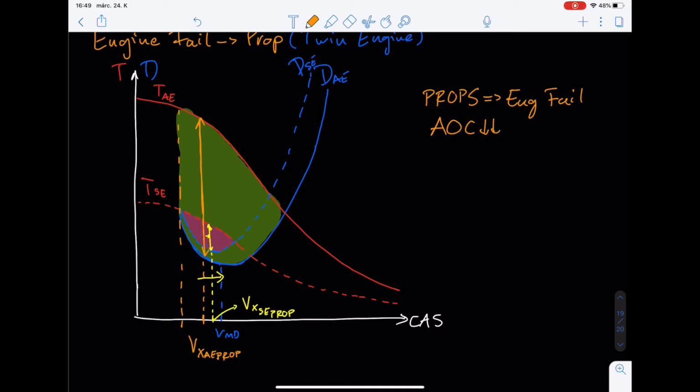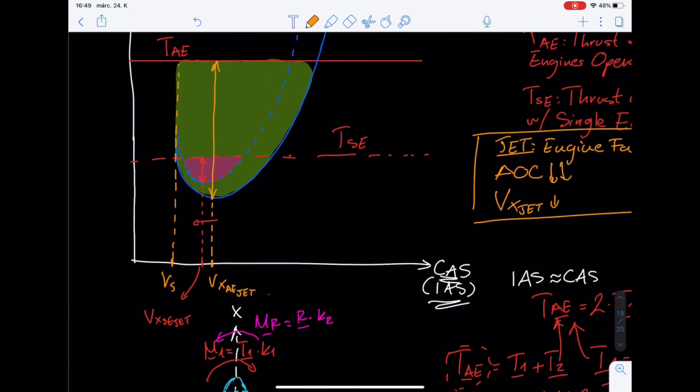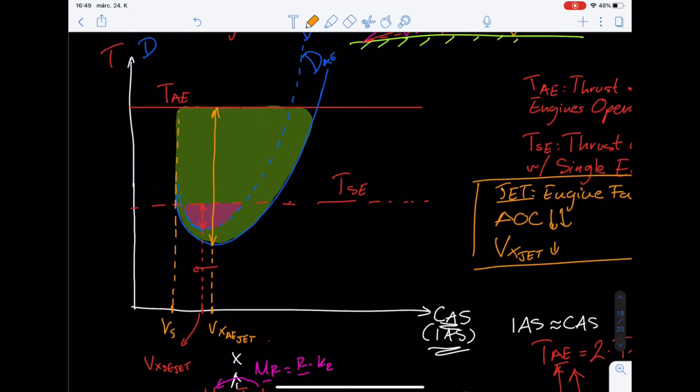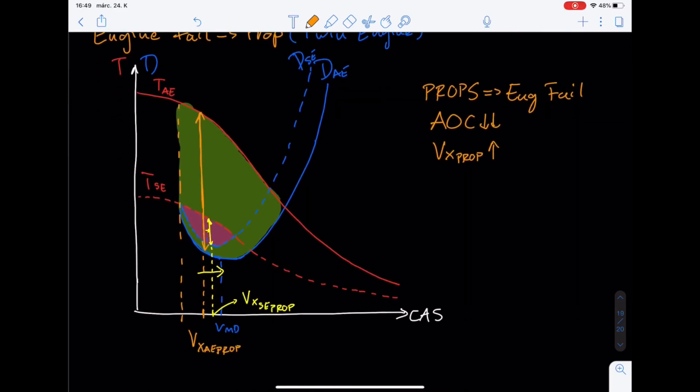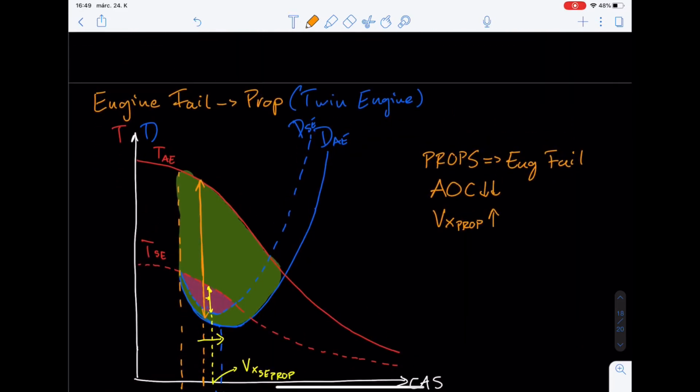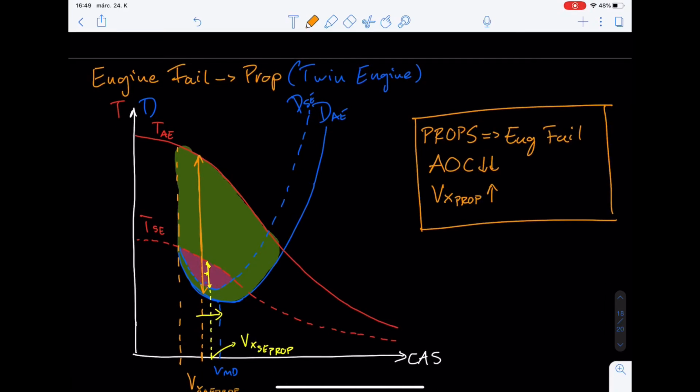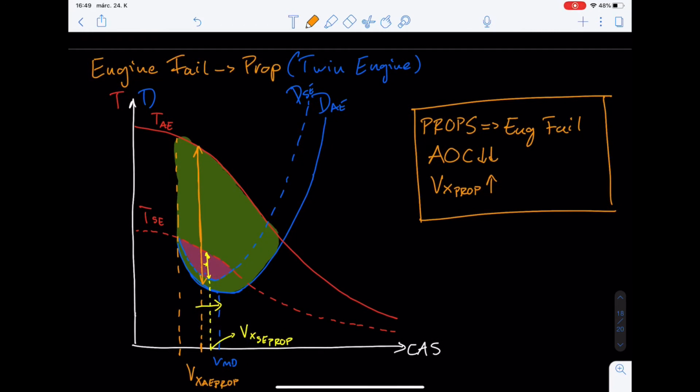And also the Vx for the propeller is going to increase, in contrast with the previous one for the jet, where it actually decreased. Right, so this is the main difference. So this is why we have differences between the propeller-driven aeroplane and the jet. Right, these are the main differences.